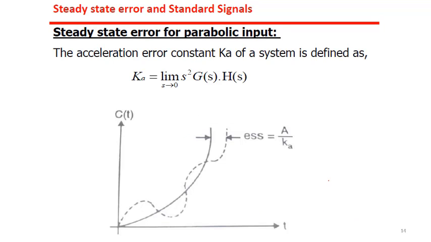So the acceleration constant Ka for a system is defined as Ka equal to limit s tends to 0 of s squared into G(s) into H(s).